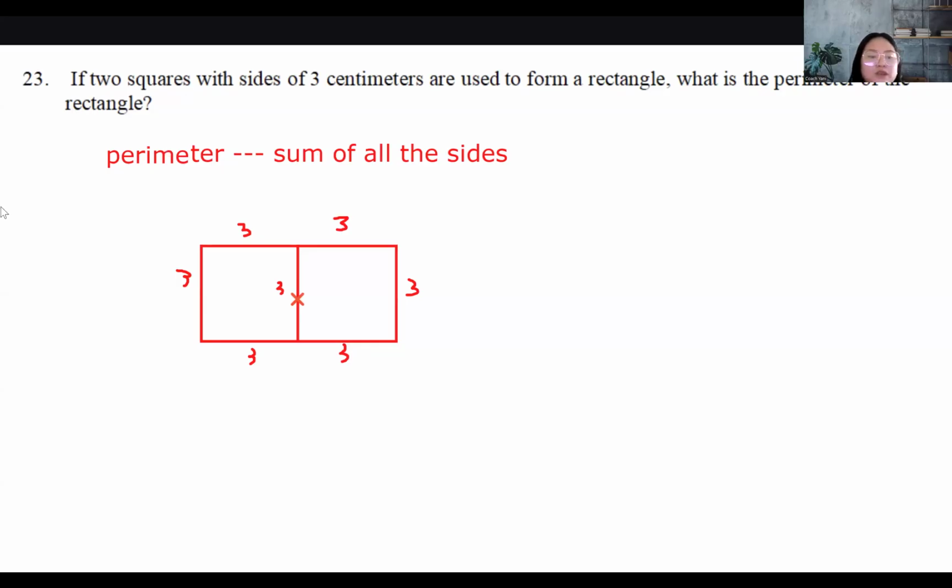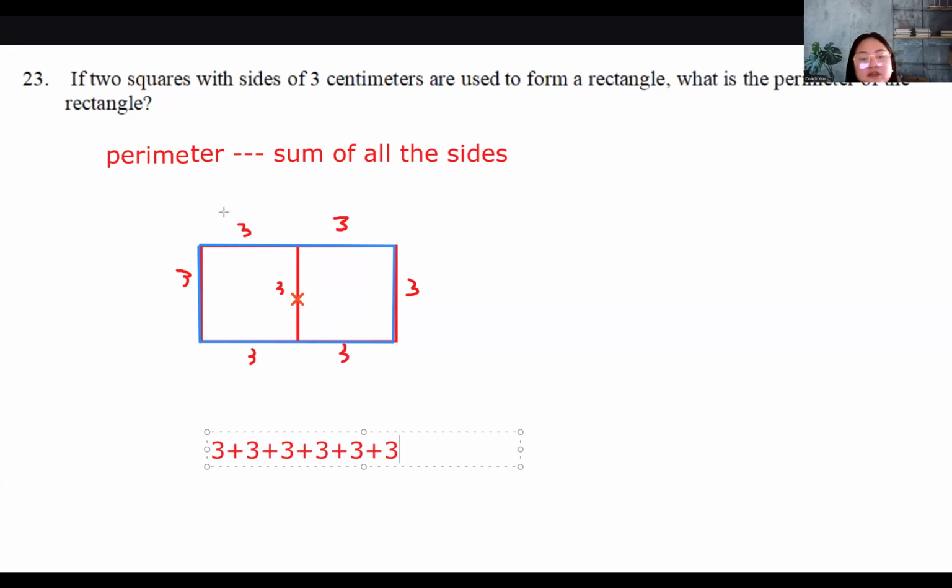Okay, so how would you get the perimeter? The perimeter would just be these four lines here. Okay, the inside line is not included. So how many threes is that? That is 1, 2, 3, 4, 5, 6. 6 threes.